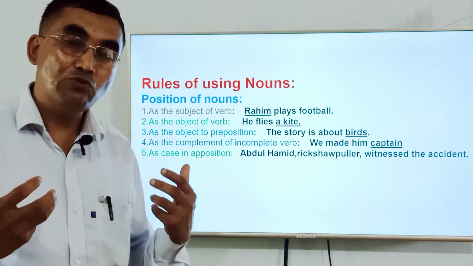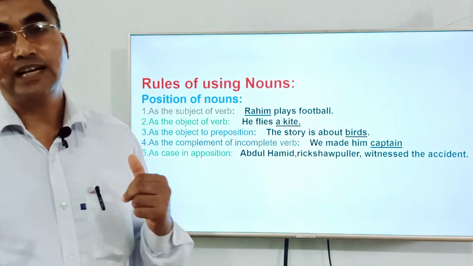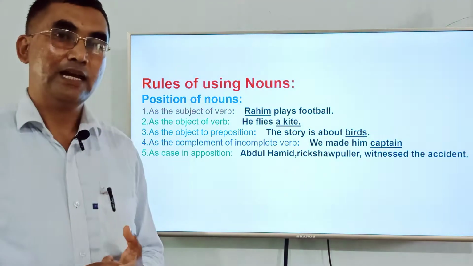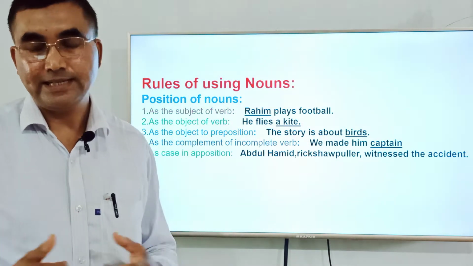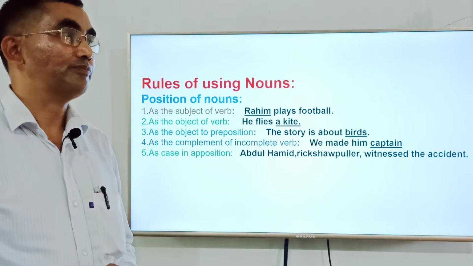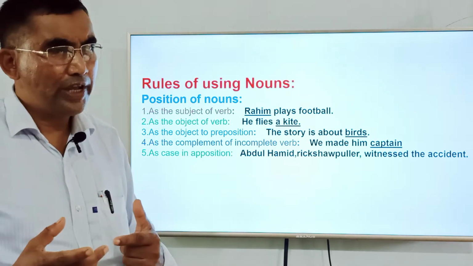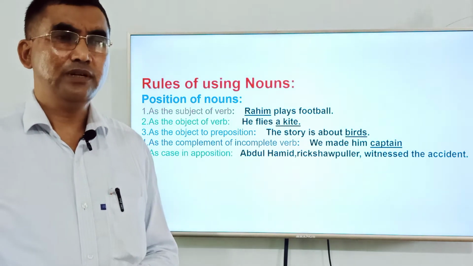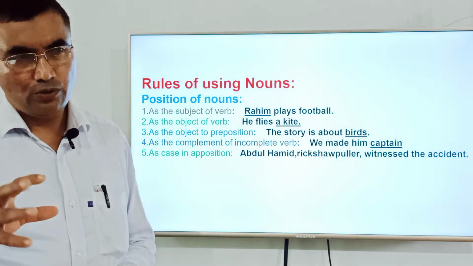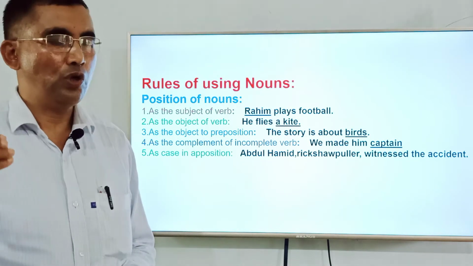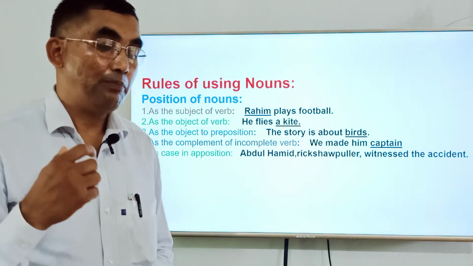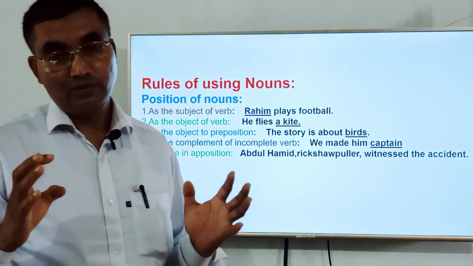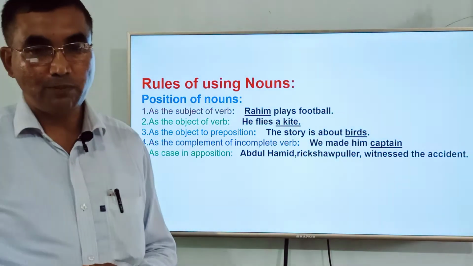A complement is a word that helps in clarifying the meaning either of the subject or the object in a sentence. For example, he is Rohim. Here, Rohim is the subject complement. You might have known that complements are generally of two types: subject complement and object complement.